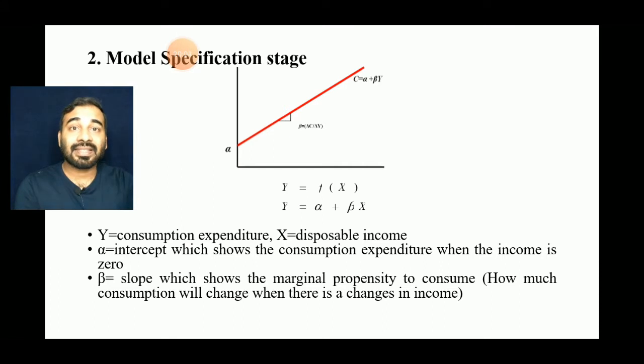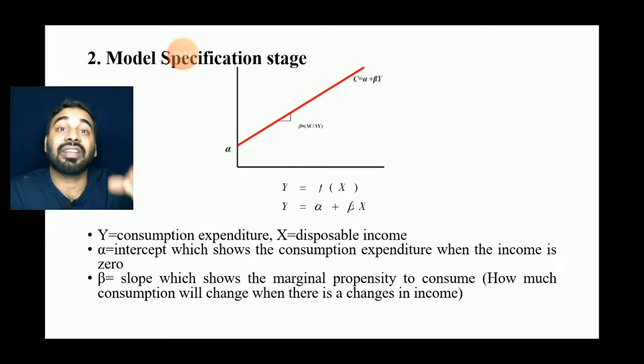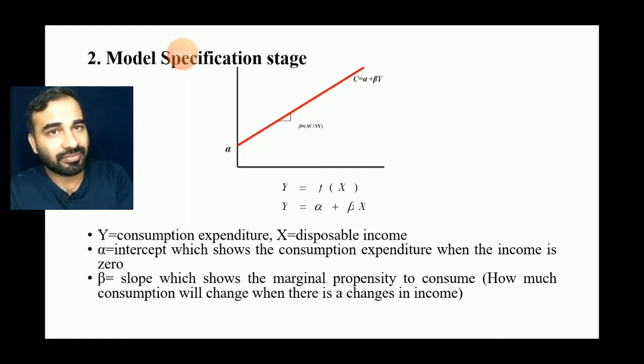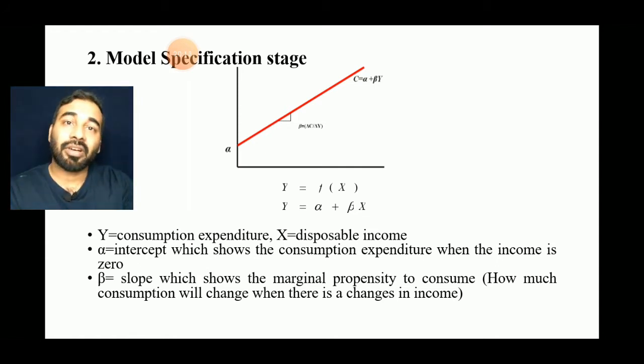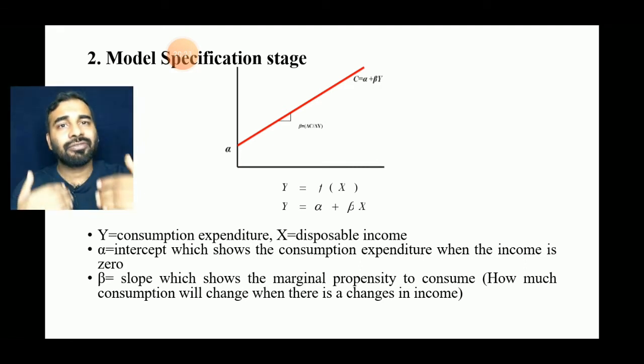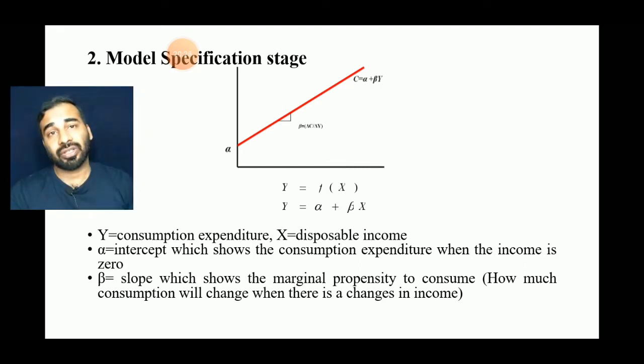Both use the same notation and look the same, but they have different meanings. Q and price are negatively related, consumption and income are positively related. This kind of direction we cannot get from the functional form. That's why we convert it into an appropriate functional form. So next we have converted this form into y is equal to alpha plus beta x.